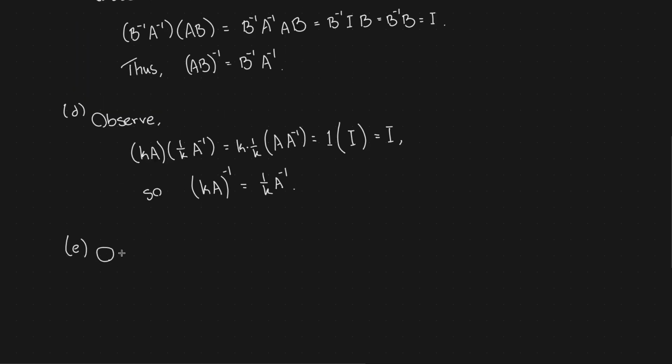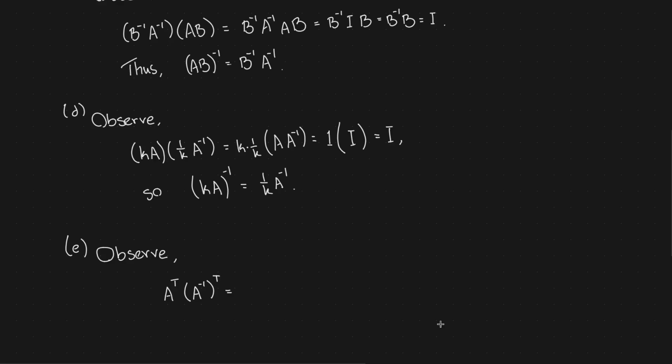So again, I'm just going to multiply them together. A transpose is the matrix we're saying has an inverse, and we're saying that inverse is A inverse transpose.